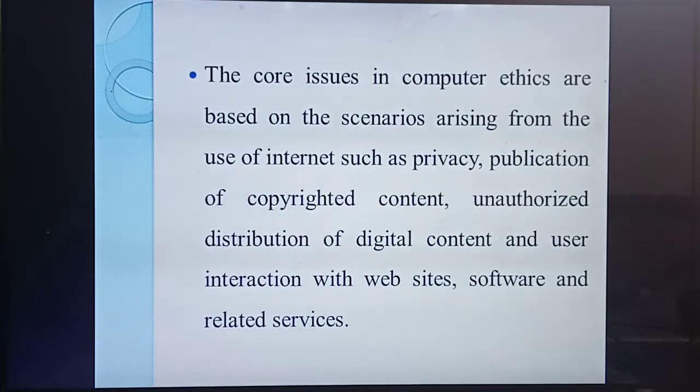First, if you are following ethics or using the internet, you always need to know about privacy. What do you mean by privacy? Privacy means private. Your account will always be private. In programming you have studied about 3 access specifiers: public, private and protected. What's the meaning of private?